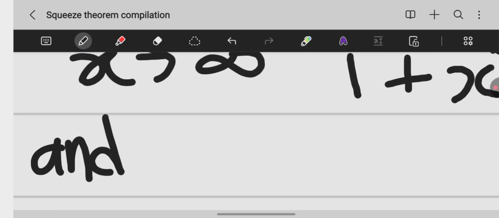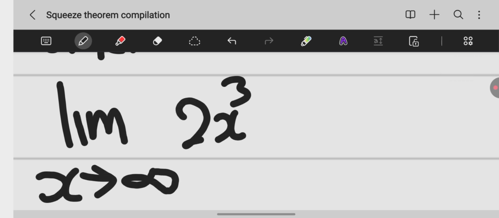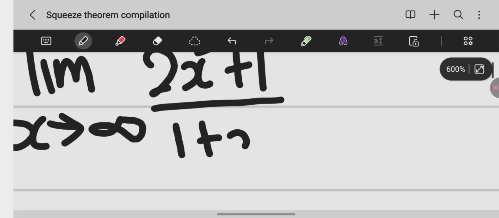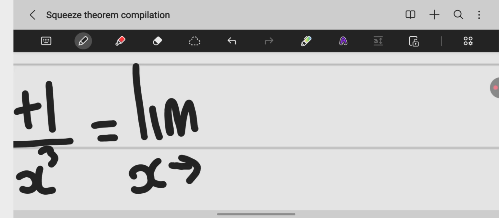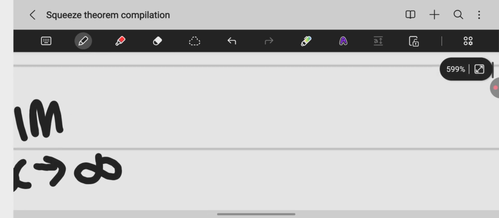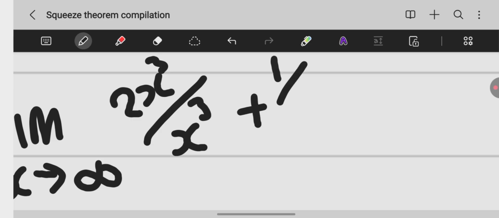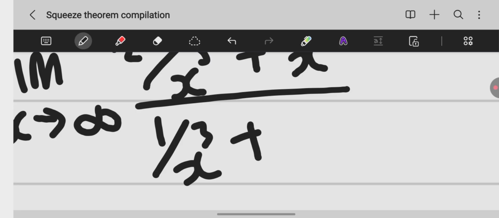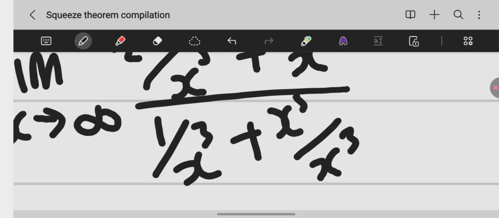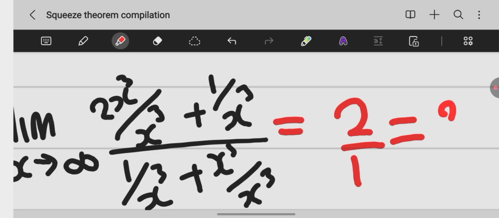So you would have the limit as x approaches infinity of 2x cubed plus 1 over 1 plus x cubed, that's equal to the limit as x approaches infinity of 2x cubed over x cubed plus 1 over x cubed, all over 1 over x cubed plus x cubed over x cubed, right? Looking at this, this would give you 0, 0, a 2, a 1. So you would now have 2 over 1, which is the same as 2, and that's your answer.